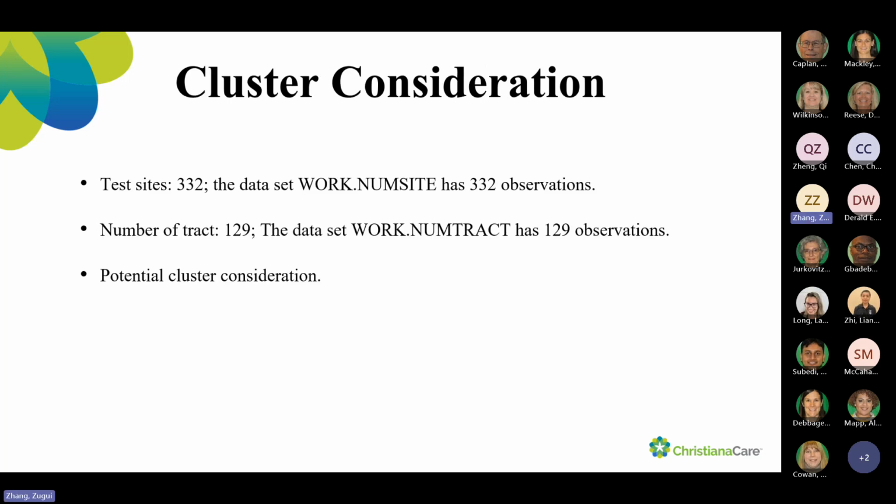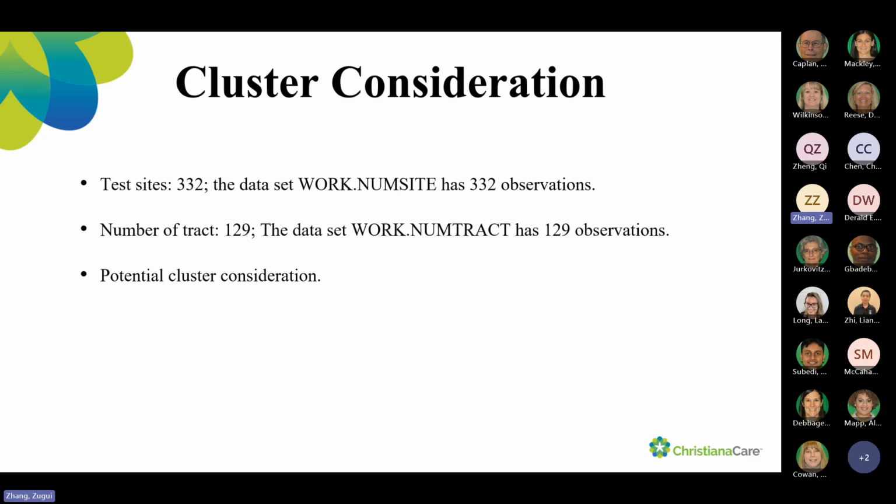So how can we use multi-level modeling for this analysis? This is an organizational type of multi-level modeling, which means the basic unit is patients. The patients are located in test sites, and the test sites are located in tracts. In this case, we want to look at the test site and tract as the cluster.